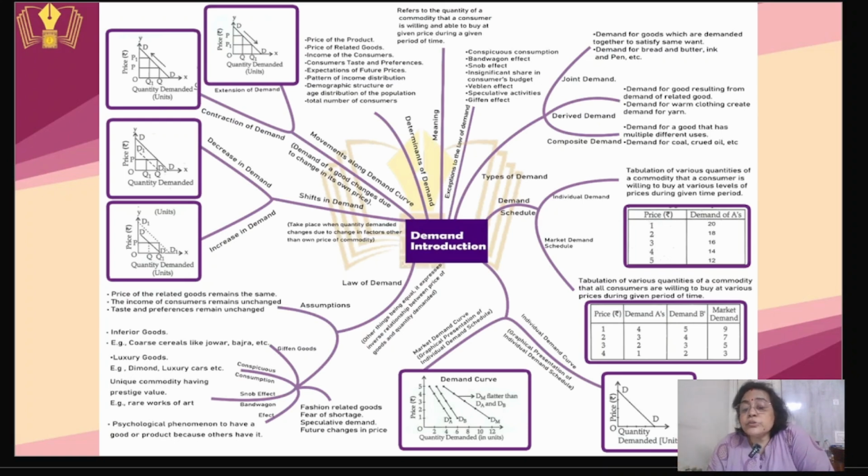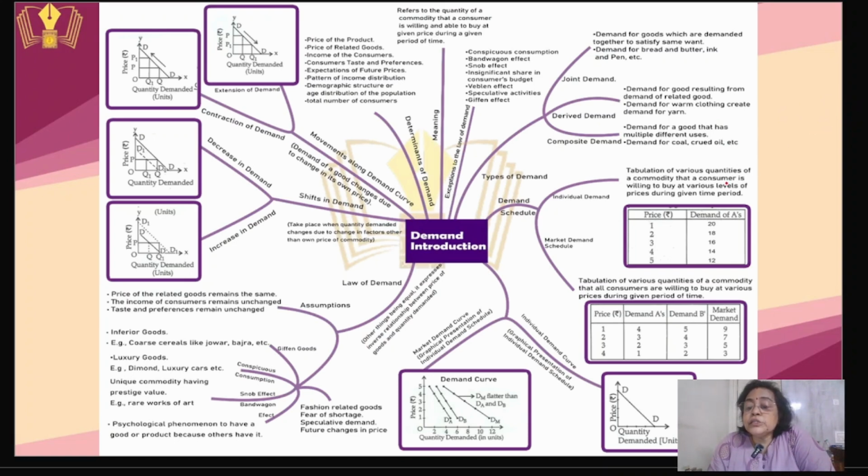Now, as soon as we say schedule, we mean a tabular presentation. Individual demand is a tabulation of various quantities of a commodity that a consumer is willing to buy at various levels of prices during a given time period.